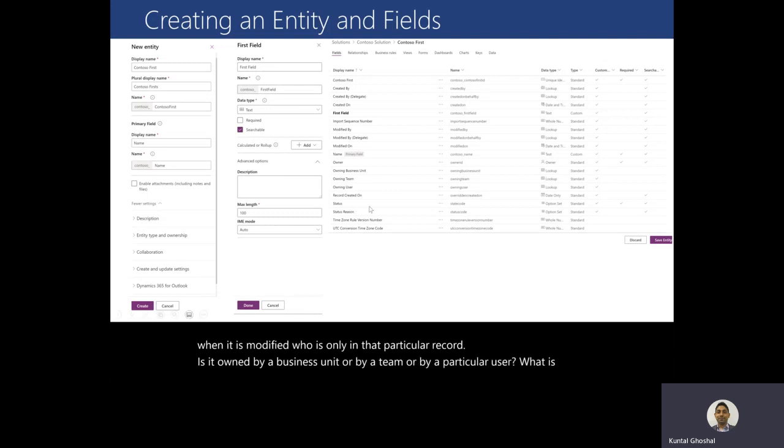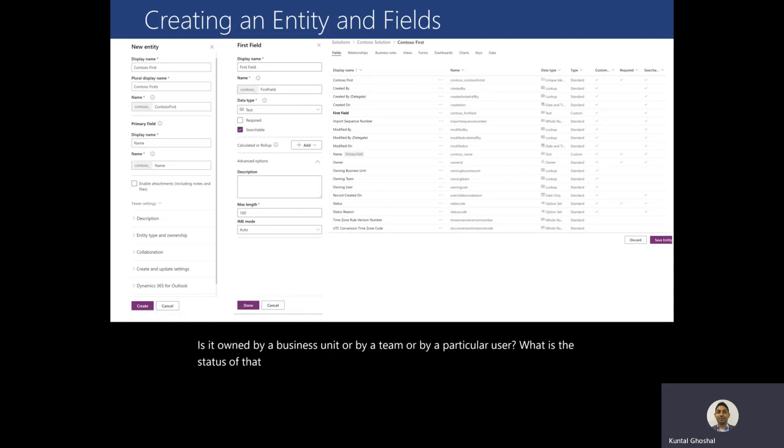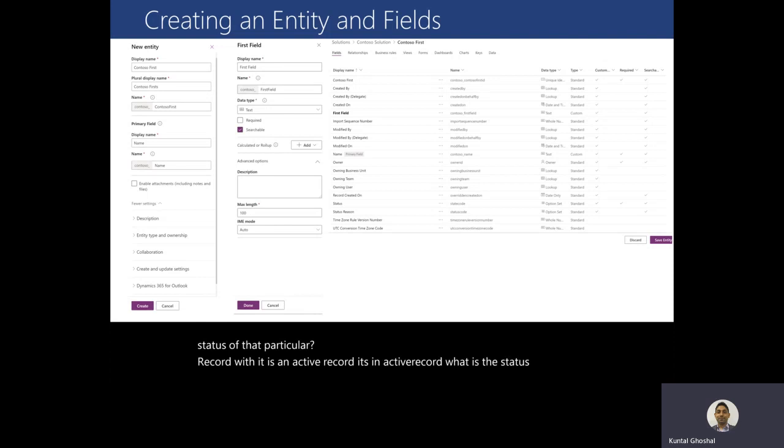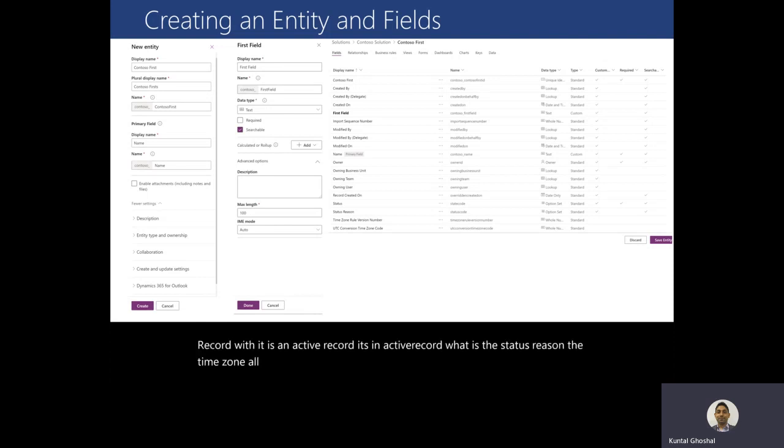What is the status of that particular record, whether it is an active record or an inactive record, what is the status reason, the time zone. All these fields actually get created. Also the primary field, which actually determines that particular record or entity. Those are the fields that get created by the platform itself when you create an entity.